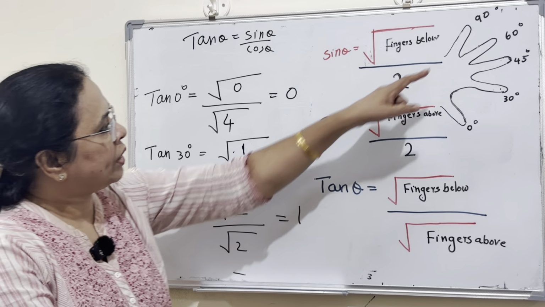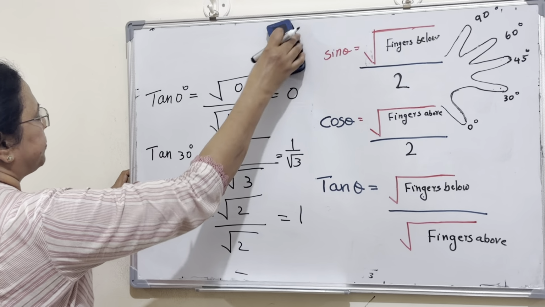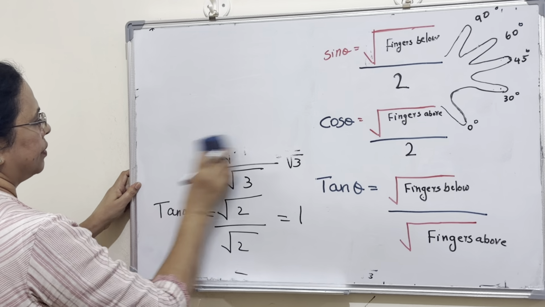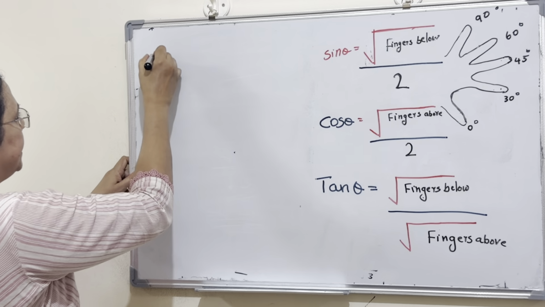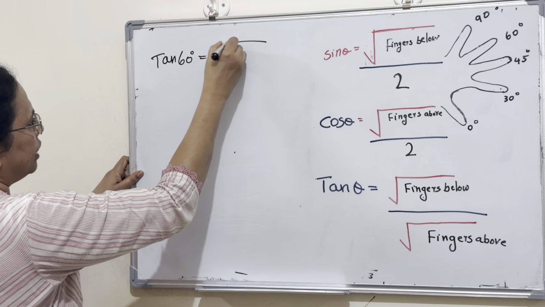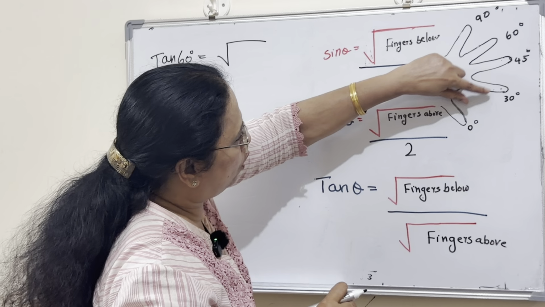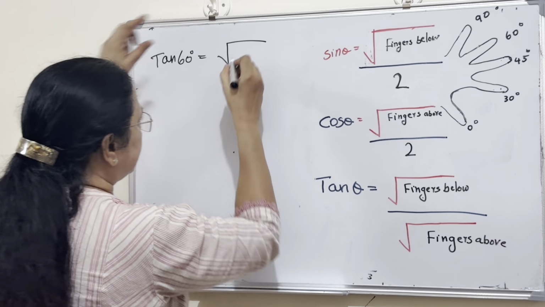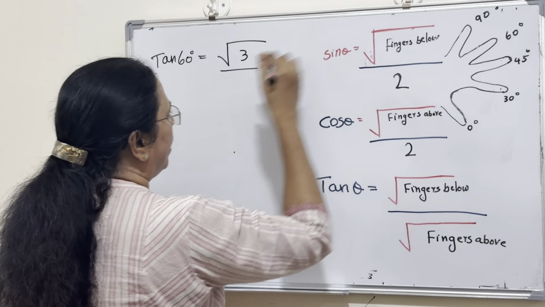Now we can go for 60 degree. What is tan 60? Tan 60, when you write it, fingers below how many? Under root fingers below. When I go for this 60 degree, below you can see 3 fingers, and above, only 1 finger.